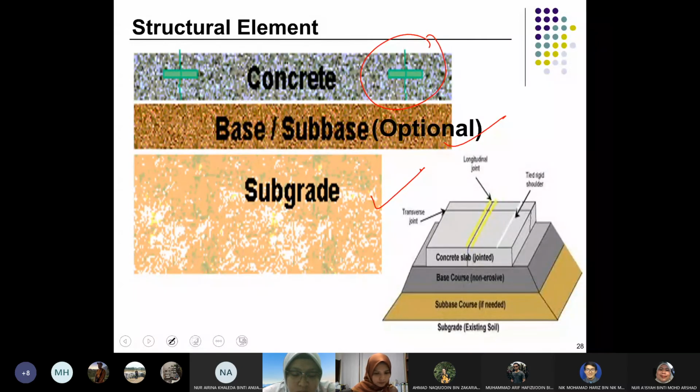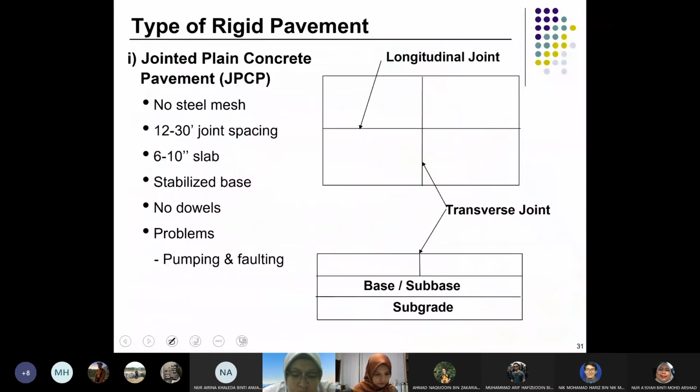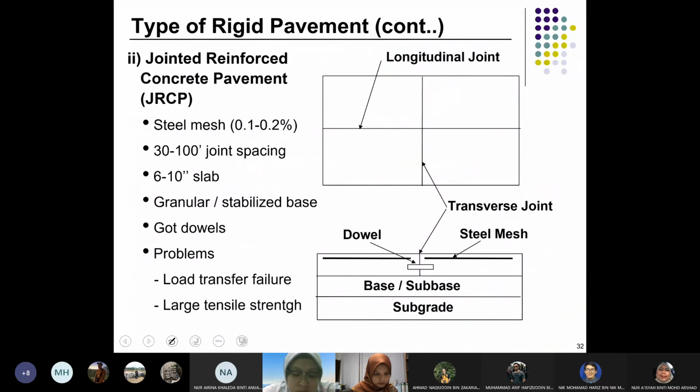Okay. So untuk keadaan macam ni, apa you kena buat? You kena provide satu, this is the one, transverse joint ni. Kita kena provide this one. Kalau tengok dia ada gap di situ. Dia ada gap, right? Okay, antara mesh tu dia ada gap.